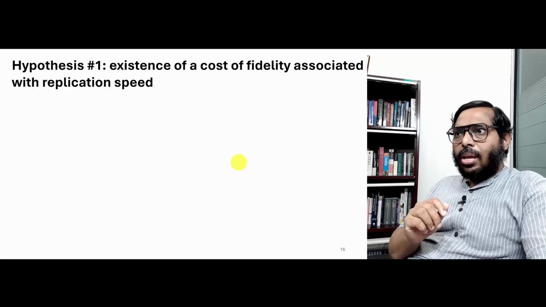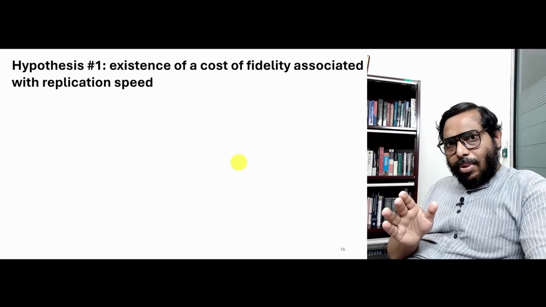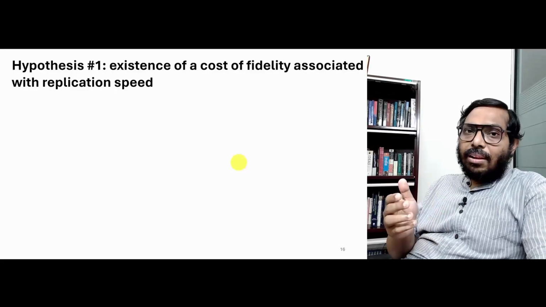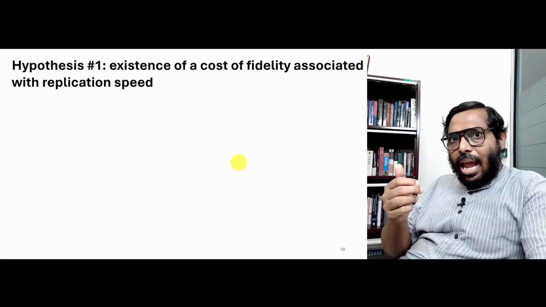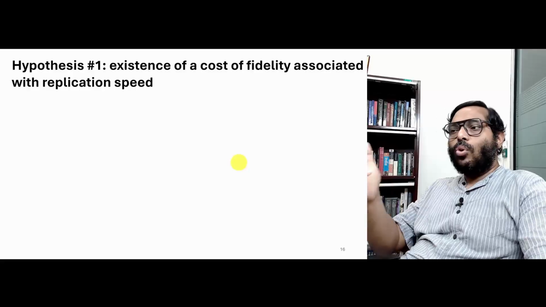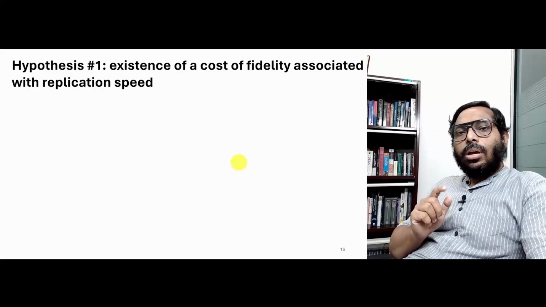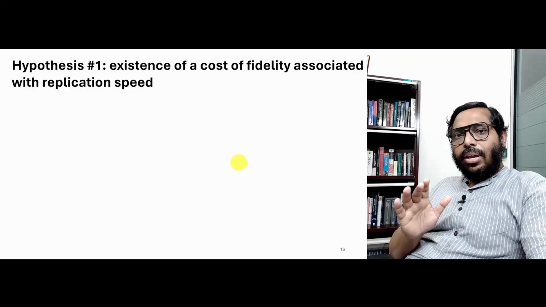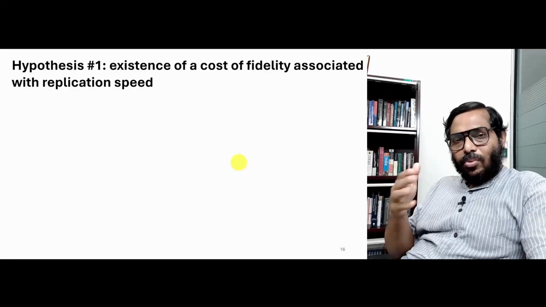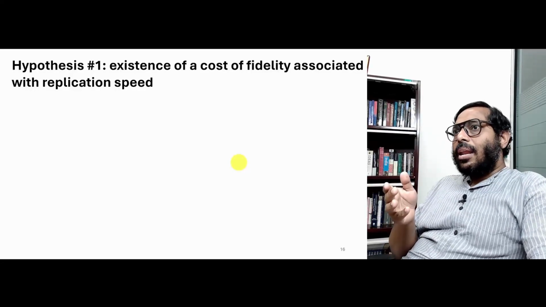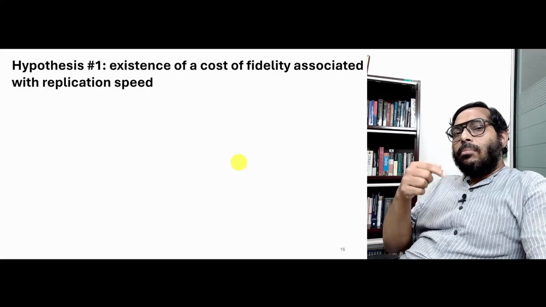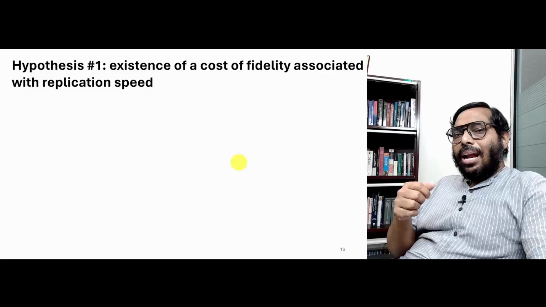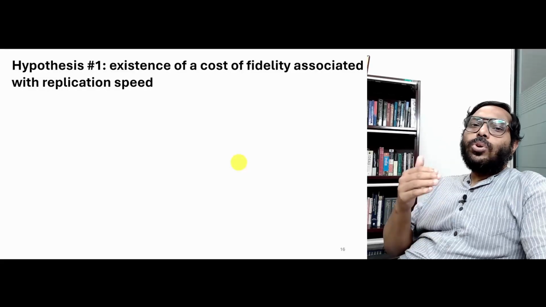But fortunately, there are multiple mechanisms by which these errors can be corrected. For example, DNA polymerase itself has the ability to go back and take out a wrong base and then go forward. So, the hypothesis is that if you have a speed requirement, you need to replicate fast, then every time a wrong base is incorporated, DNA polymerase has to go back and change it, and obviously that is going to slow it down.